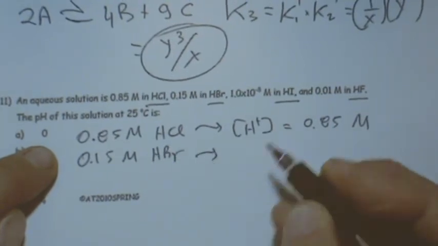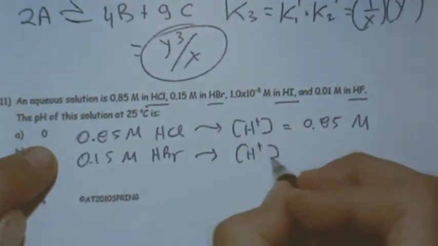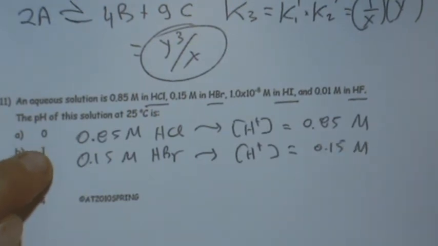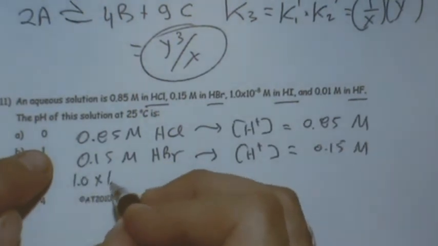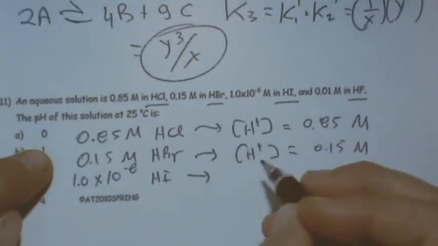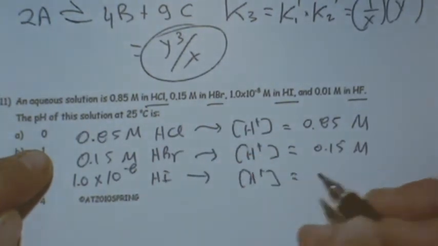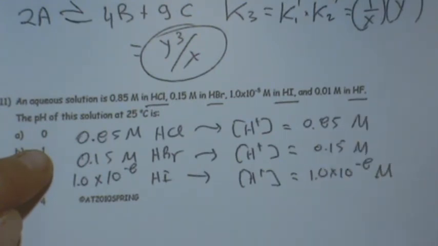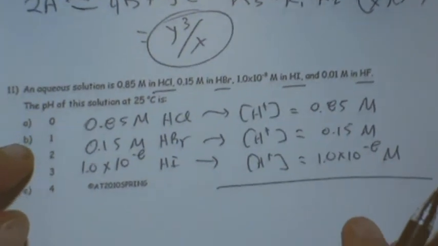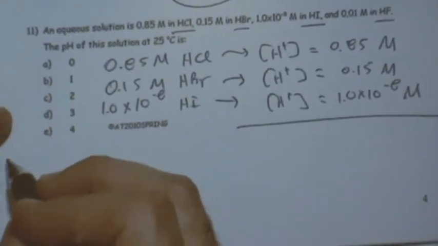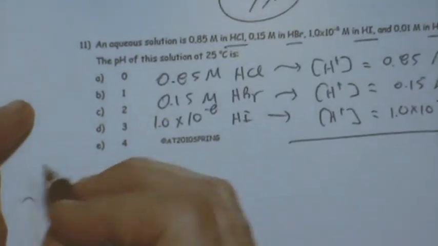That will give you also the same concentration because it's a strong one, 0.15 M. And then we have 1.0 times 10 to minus 8 hydroiodic acid, and that will give you also the same concentration of hydrogen ions. Okay, and you add them.